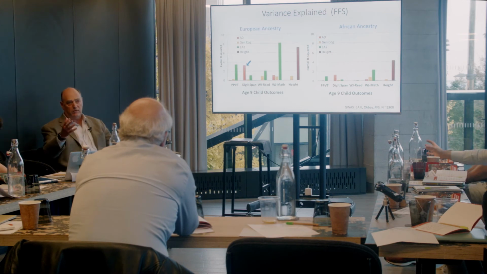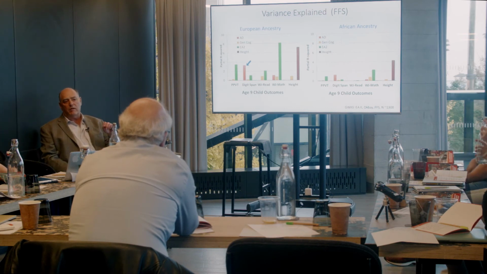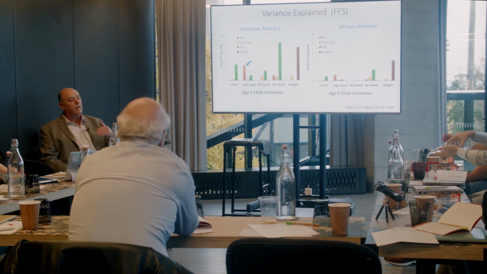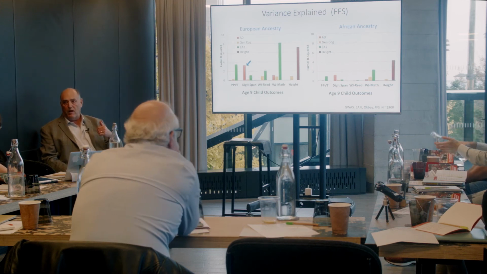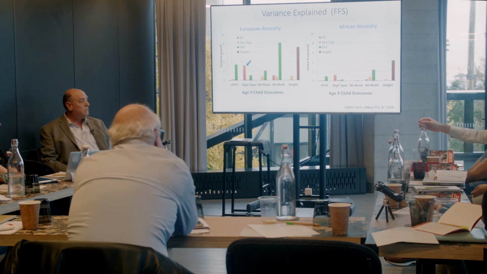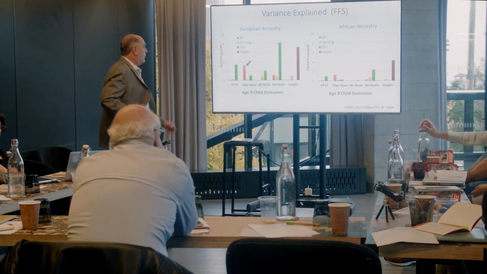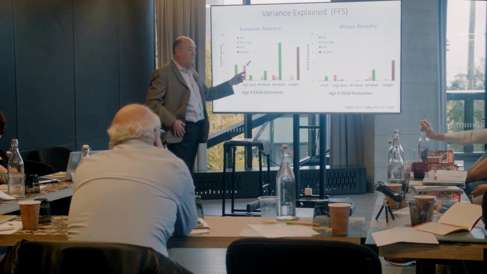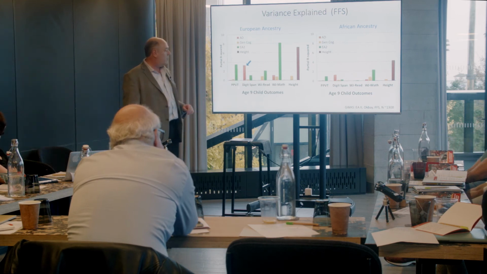You want to find the genes, okay? And then we took the effect sizes that they discovered and applied them to our children. And lo and behold, it picks up a memory test, right? And it doesn't pick up every test, it picks up a memory test. So we thought that was pretty cool.